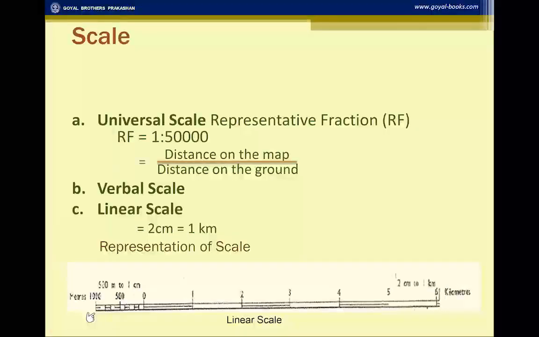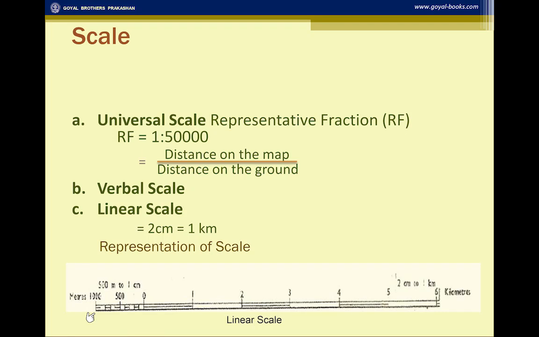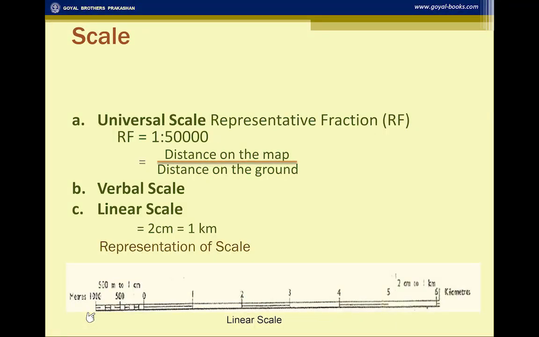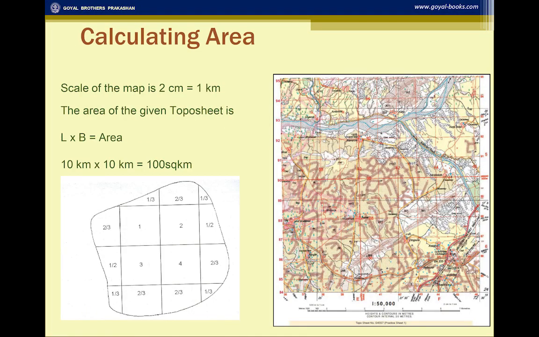And on the left, the 1 kilometer or 1000 meters is divided into 10 parts, each small square representing 100 meters. Now, it is used generally for measuring the distances by scale or by thread. This we'll be discussing when we are studying about measuring the distances.